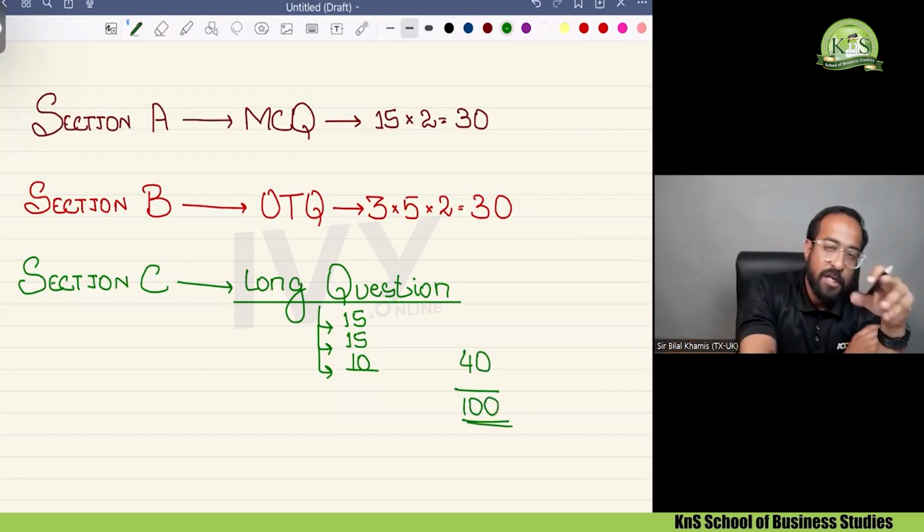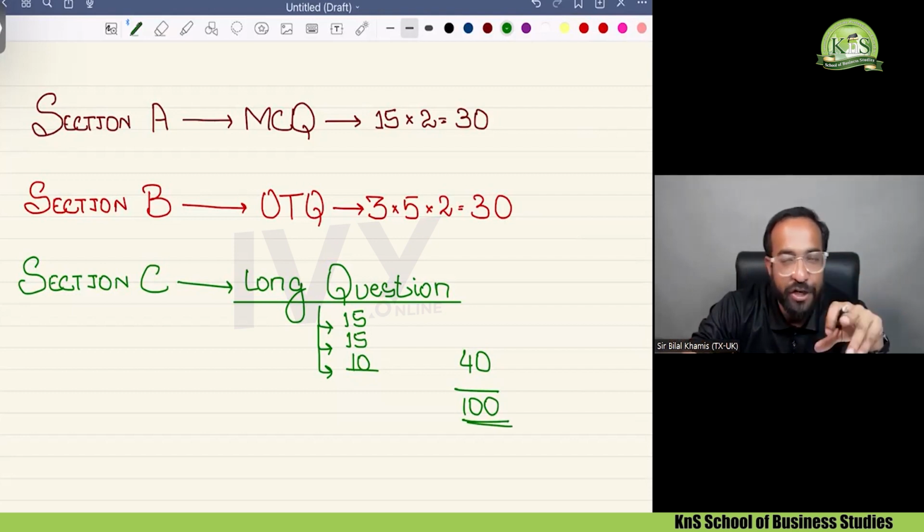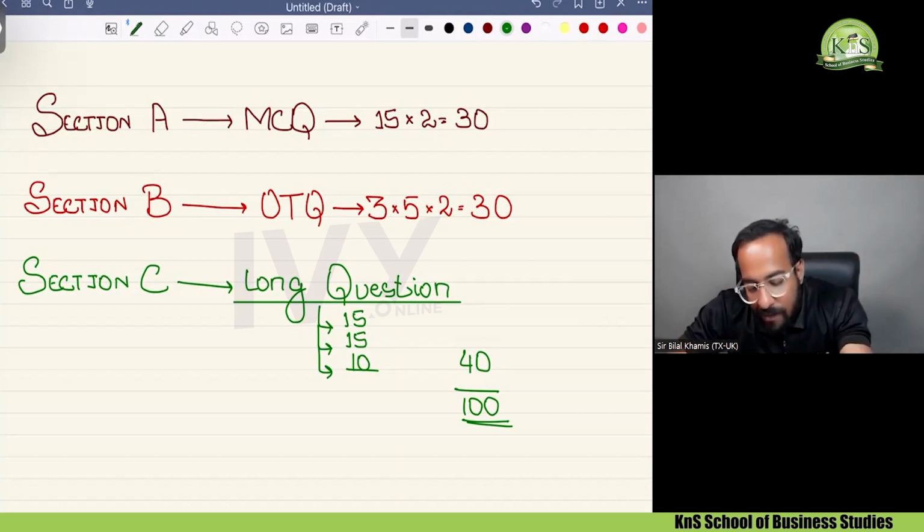Now some strategies. Which section will I do first in my paper? This is the tip for every paper, not only for the TX. You need to be very, very confident about this tip. See why I'm saying that you need to opt for section C first.